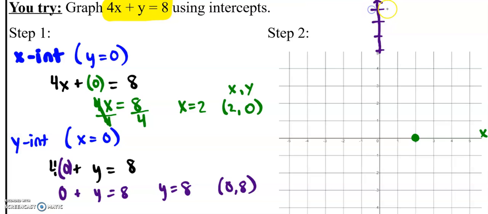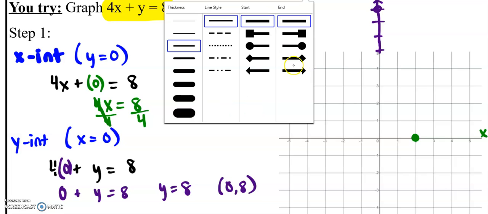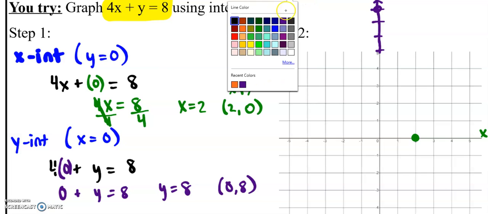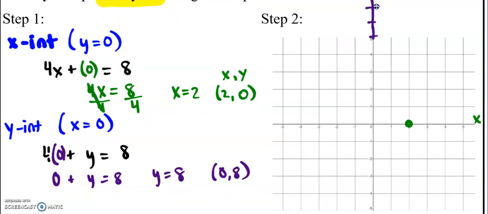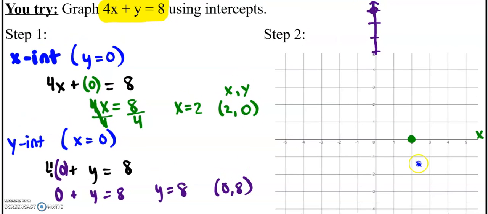So if we need to go to 8, so 5, 6, 7, 8, then we just draw it until it goes to 8. Then just to make sure, because these are a little bit far apart, I am going to use my fancy graphing tool to make our line. And so now those 2 points have been connected.